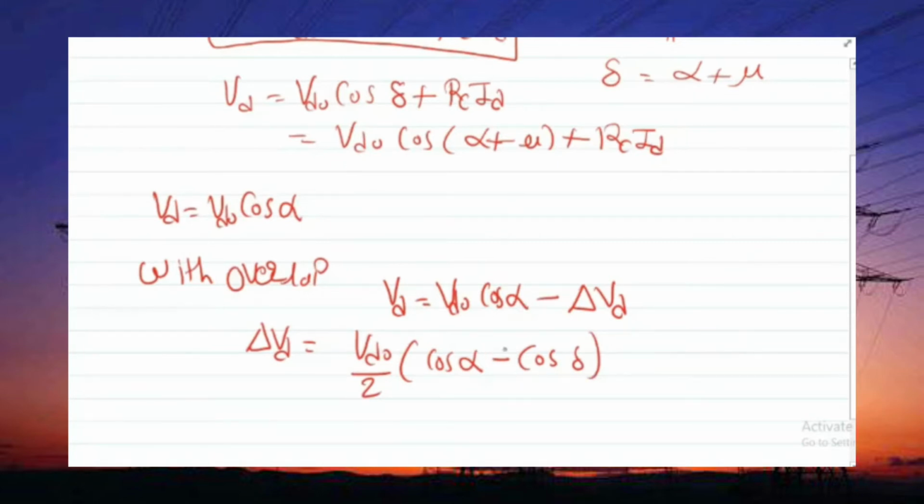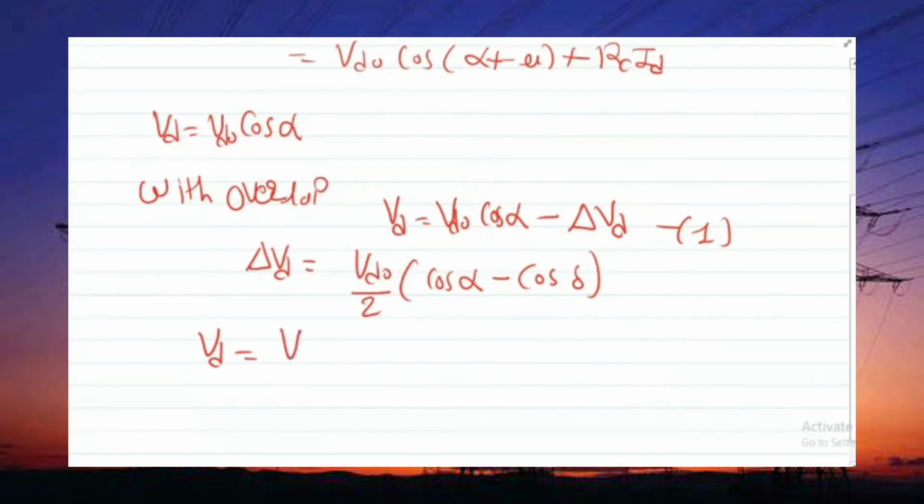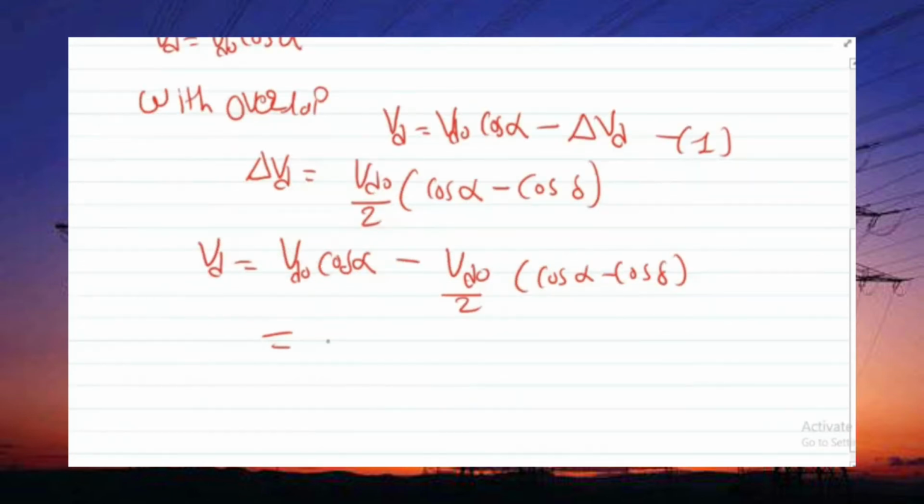Put this value of del VD in equation number 1, and you will get VD equal to VDO cos alpha minus VDO by 2 (cos alpha minus cos delta). If we solve this equation, the DC output voltage is equal to VDO by 2 (cos alpha plus cos delta).